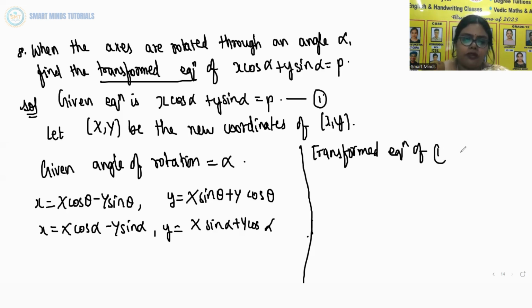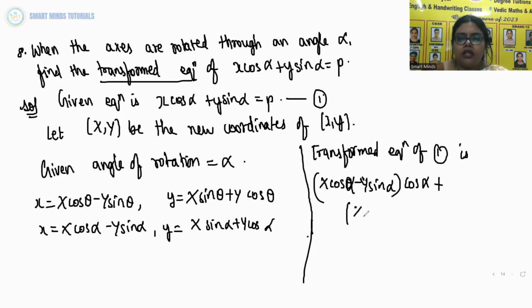So the transformed equation of equation number 1 is, now in the question, in the place of x and y, we substitute these values. So (X cos alpha minus Y sin alpha) into cos alpha, plus, in the place of y we substitute the y value, (X sin alpha plus Y cos alpha) into sin alpha, is equal to p.